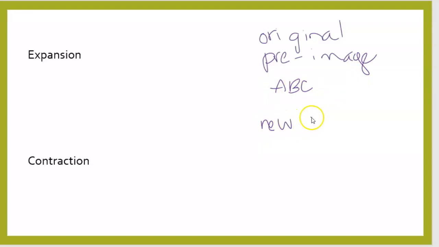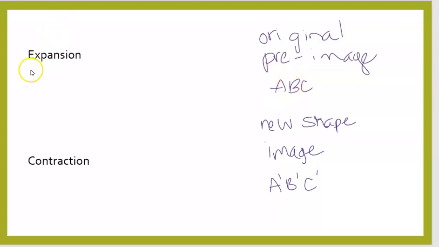The new shape, after either the expansion or contraction, is called the image, and we label that with primes: A prime, B prime, C prime. It's a good idea to have different labeling so you can keep the shapes separate and know which one was the original and which is the new one. The original is the pre-image, and that makes sense: pre means before, so it's the original before anything has happened to it.